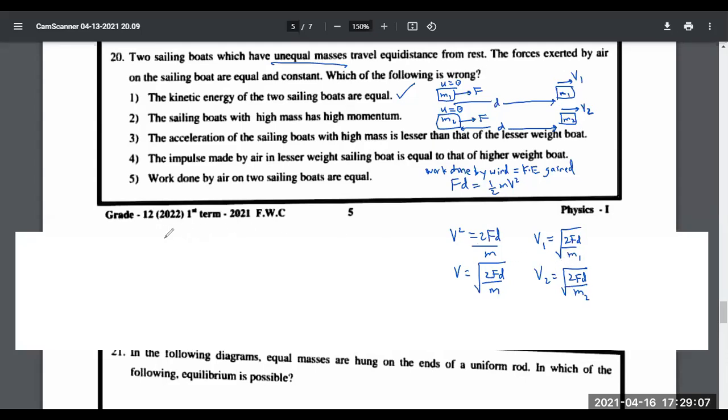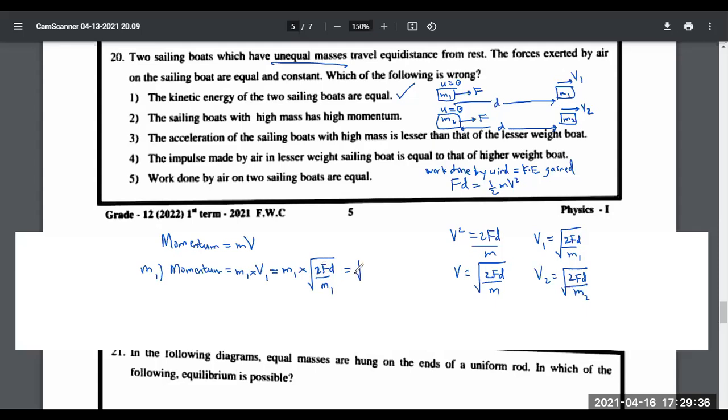Now let's find out the momentum. We know momentum is equal to mv, and let's apply that for m1 first. Momentum is equal to m1 into v1. Now what is v1? m1 into the square root of 2fd over m1. I can take this m1 inside the square root, and it will become m1 squared.